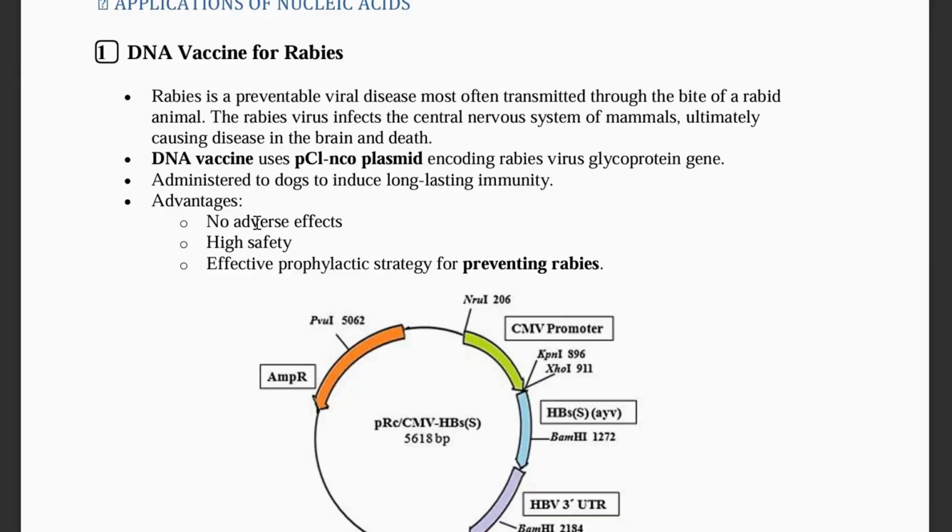Advantages: no adverse effects of this vaccine, highly safe, effective prophylactic strategy for preventing the rabies.